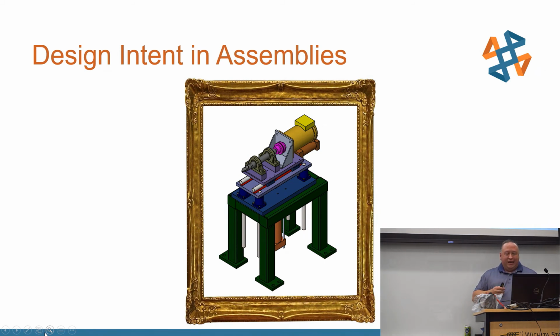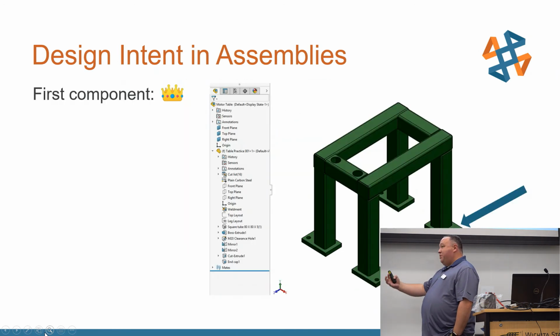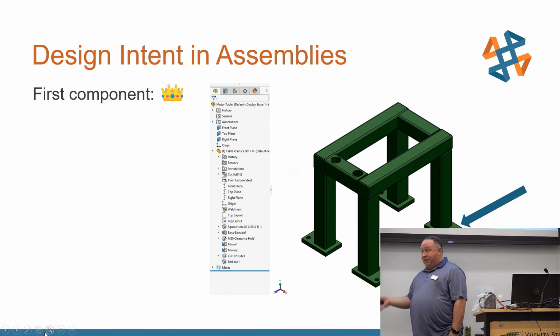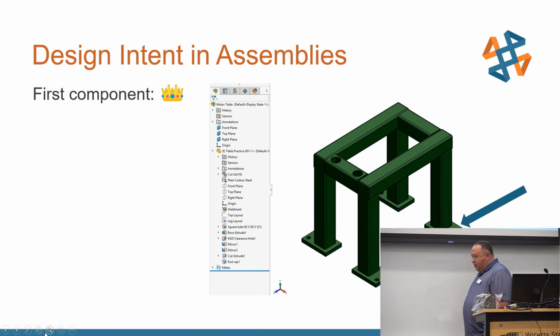What I mean by that is, sometimes it's as simple as that first part that you put into an assembly. You guys probably know your first component is always fixed. So insert the part first that needs to be fixed, right? If you're building a welded structure, something like that, putting in a foot plate might be a good place to start.